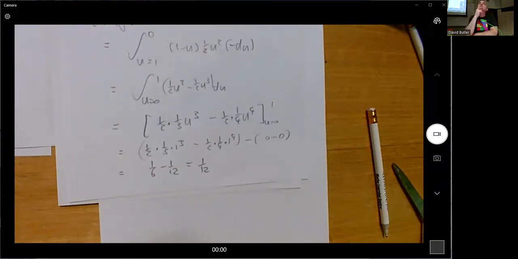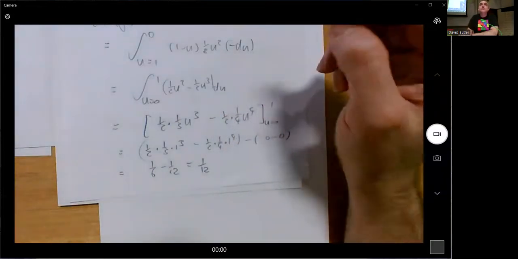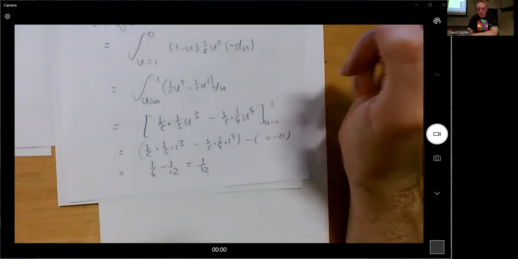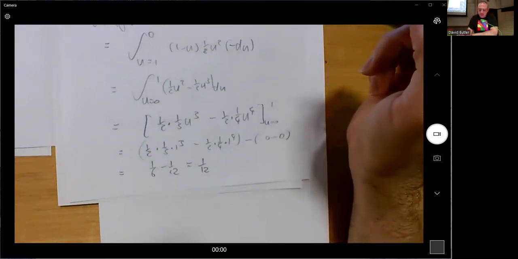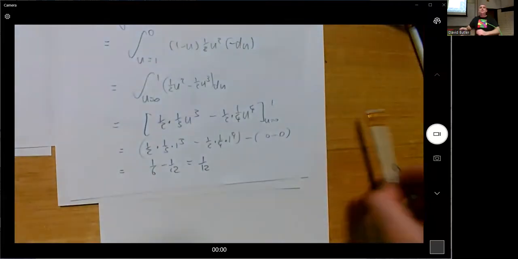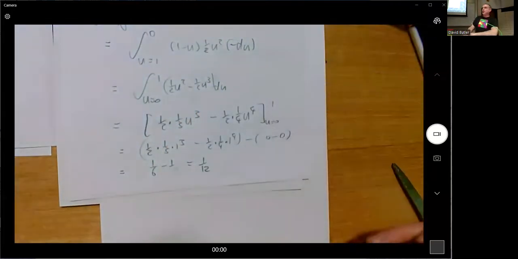What's that? This integral here. What did you get? 24. Yeah. Oh, that's an 8, David. 2 times 4 is not 12. 2 times 4 is 8. There we go.